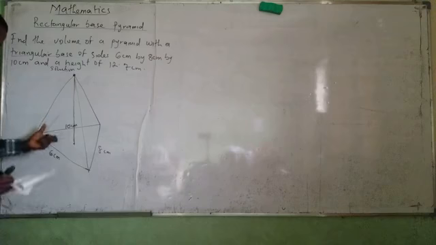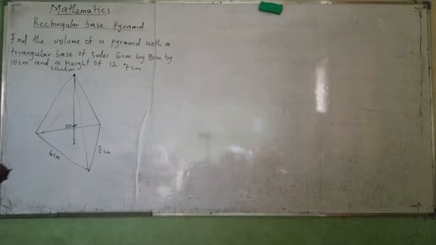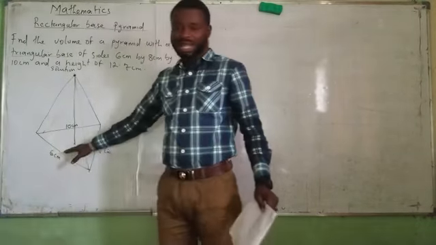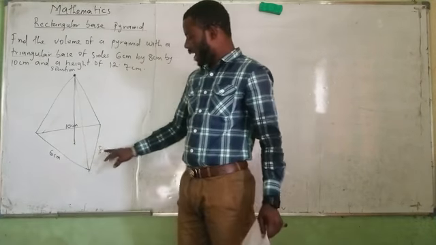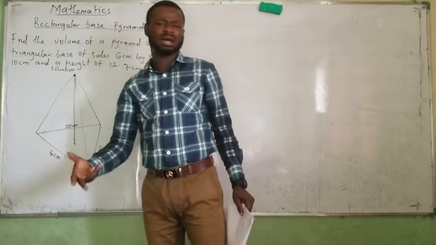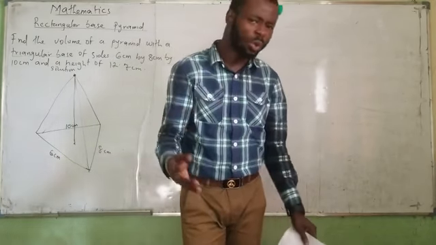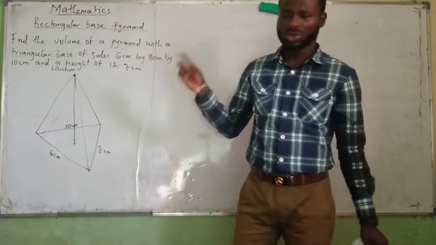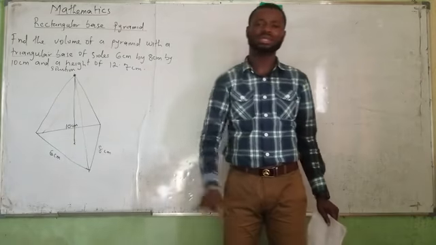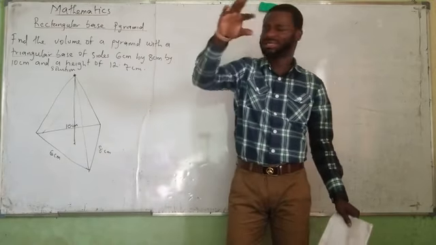When you have something like this, for you to find the area of the triangle, you must go into Heron's formula. Heron's formula is very important here because there are 3 formulas for finding the area of a triangle. One is when the angle is not given, one is when the angle is given, and the third one is if all the sides are given.